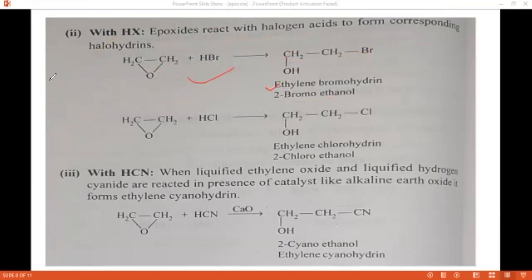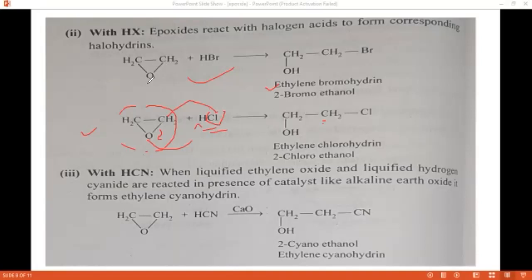Now another reaction: this epoxide, ethylene oxide, reacts with HCl, hydrochloric acid. Then, with the same mechanism, the chlorine is attached to this CH2 group, and the lone pair on this oxygen attacks this H plus. Electron depletion of hydrogen, then the ring is opened here, and the chlorine is attached to the first carbon atom.